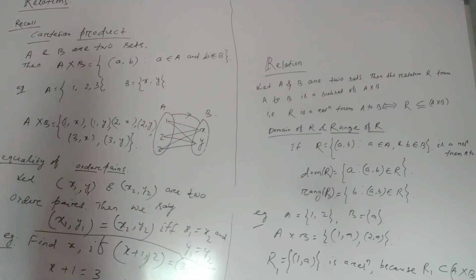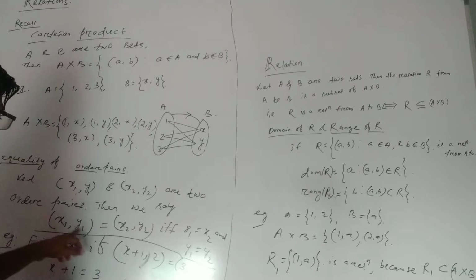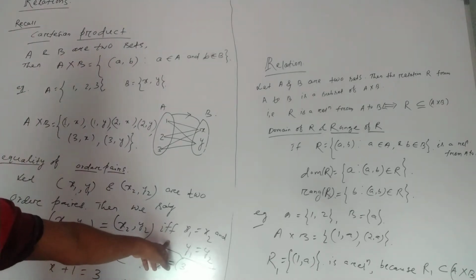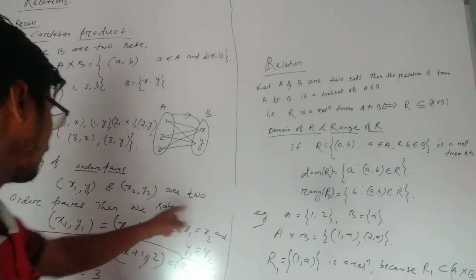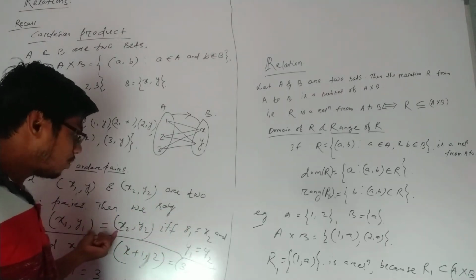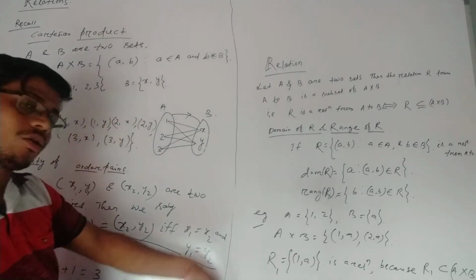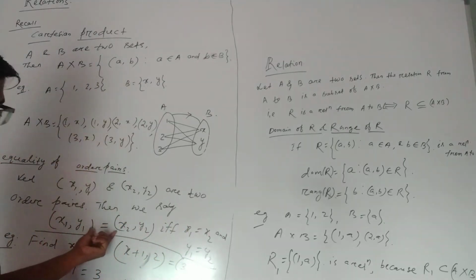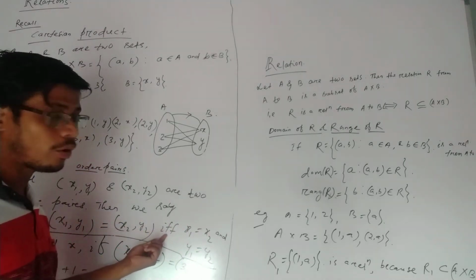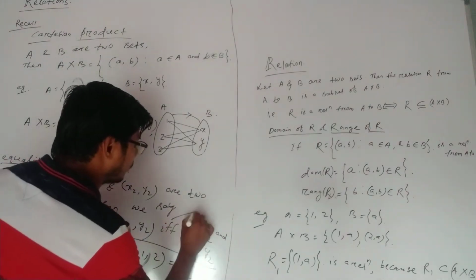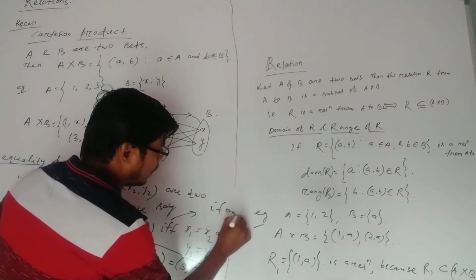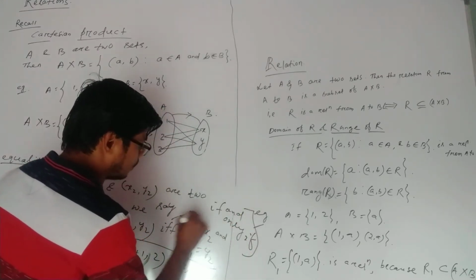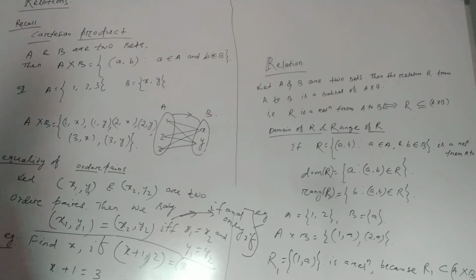Then we say (x1, y1) is equal to (x2, y2) if and only if... The symbol if and only if means that if this statement is true, then that statement is true, and conversely also, if that statement is true, then this one is true.